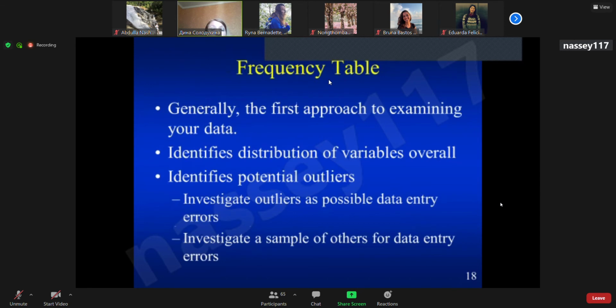In a frequency table, we generally can examine our parameters. We can identify the distribution, the type of distribution. We can see potential outliers, and we usually check for different kinds of errors.